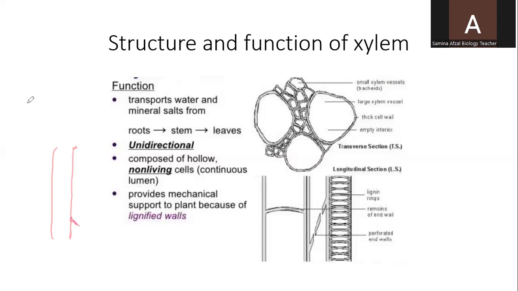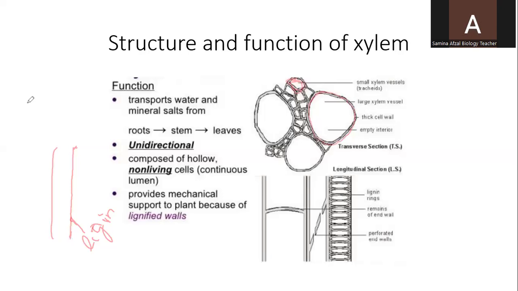But the walls have lignin, which is a non-living material, and it helps the water to move in the upward direction. Here you can see the small xylem vessels, which are smaller in size, and large xylem vessels. But all of them are well protected by the lignin.